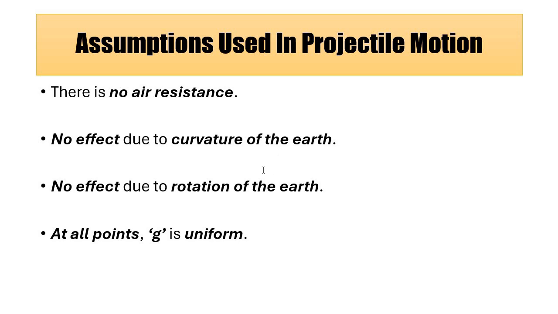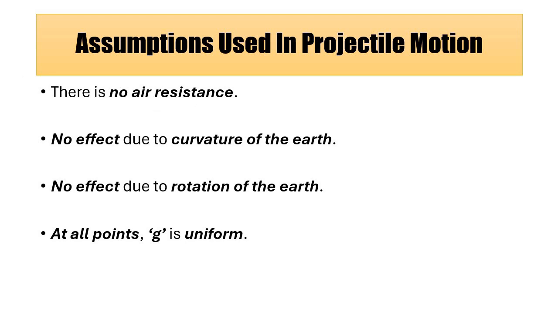The effect due to the curvature of the earth is also neglected, and the effect due to rotation of the earth is also neglected. And we all know that acceleration due to gravity at different points is slightly different, but here we are considering it uniform, that is 9.8 meter per second square, constant everywhere. So these are some of the assumptions which we'll be using in our analysis of projectile motion.